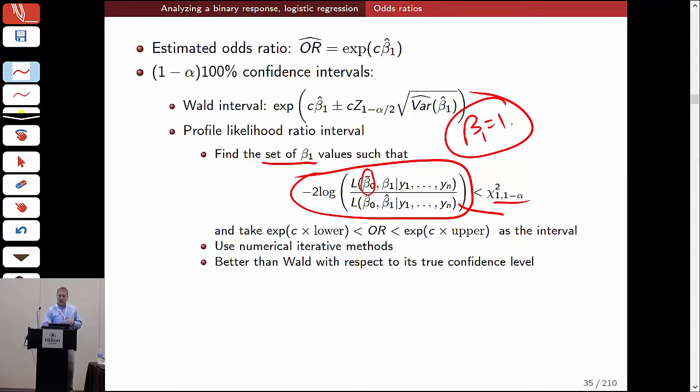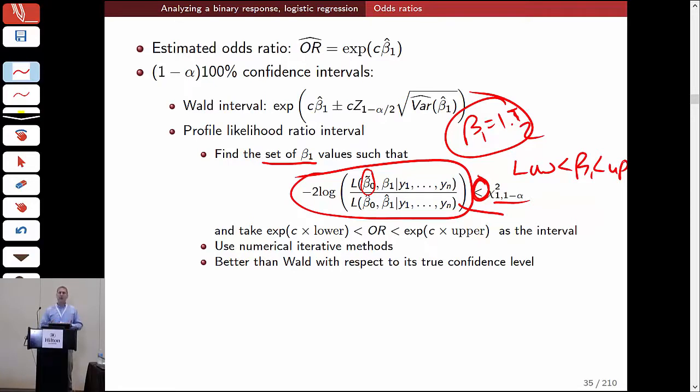And I could keep on going. Maybe try 1.1. Do exactly the same thing. Try 1.2. Do exactly the same thing. So as you can see here, I'm basically doing a numerical iterative method. And I'm going to look for all values of beta 1 such that this inequality is satisfied. Once I get that, I'm going to have a lower bound and an upper bound for beta 1.